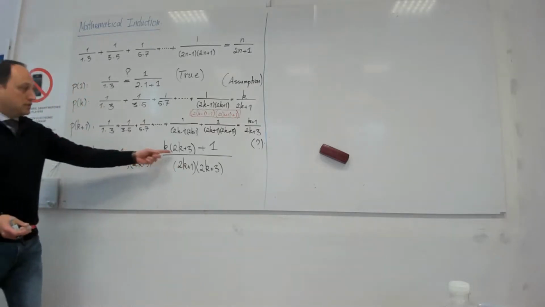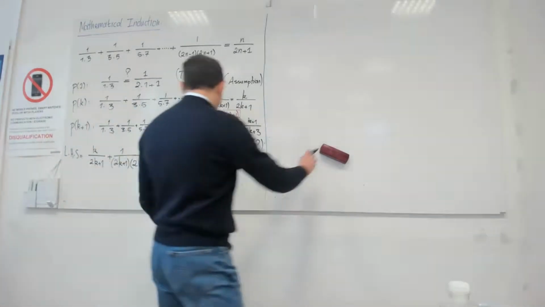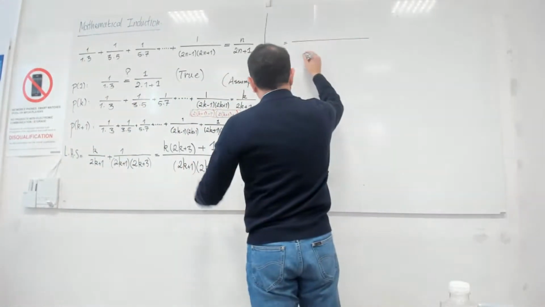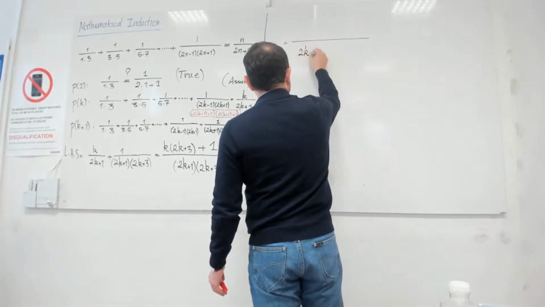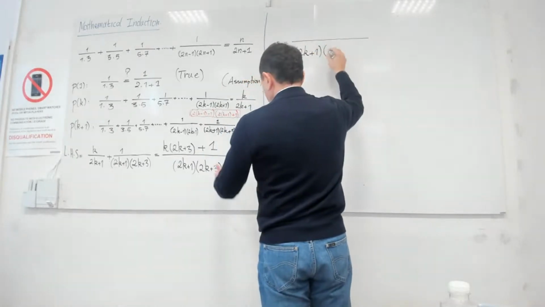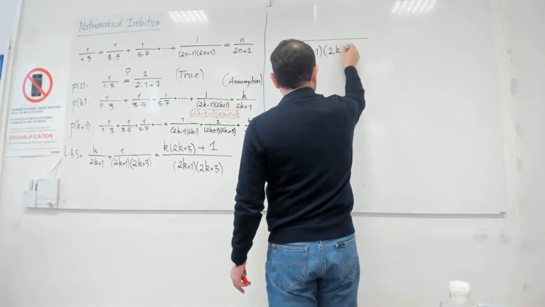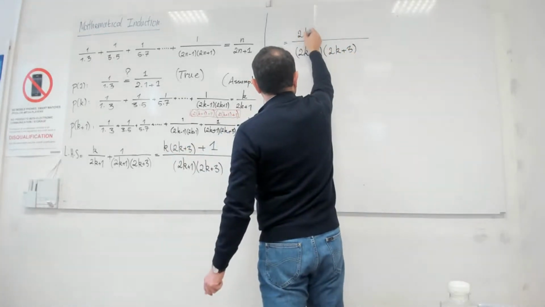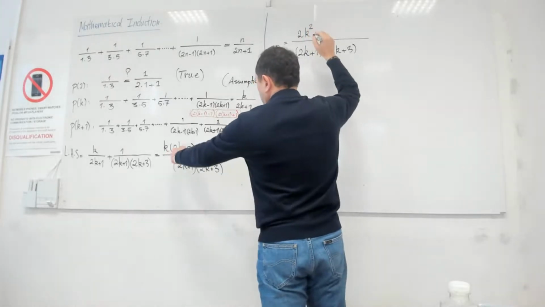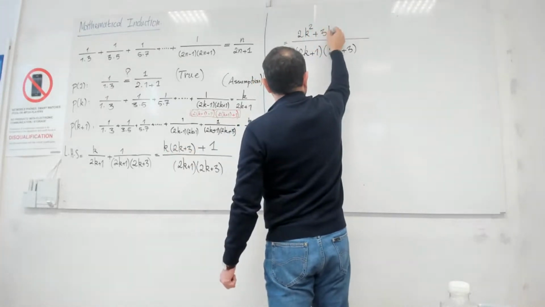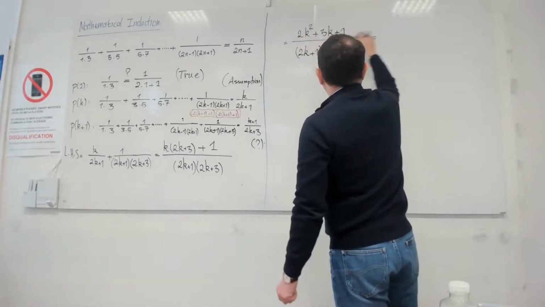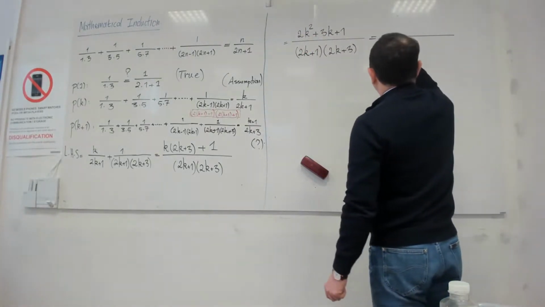Okay, so let us try to see if I can simplify this a little bit. I will not touch the denominator, as I told you. So it is 2k plus 1 multiplied by 2k plus 3. And in the numerator, it becomes 2k squared plus 3k plus 1. I don't know if you can guess the factorized form of this. It's not that hard to guess, by the way.